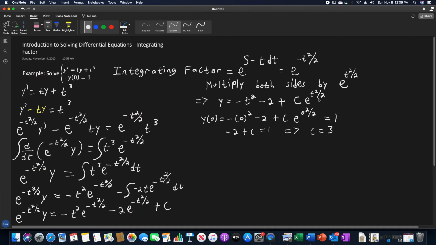So the specific solution is y of t equal to negative t squared minus 2 plus 3e to the t squared over 2 power as our complete solution.